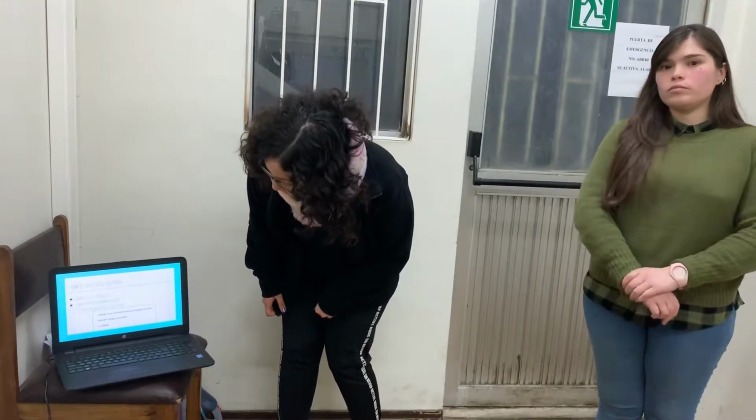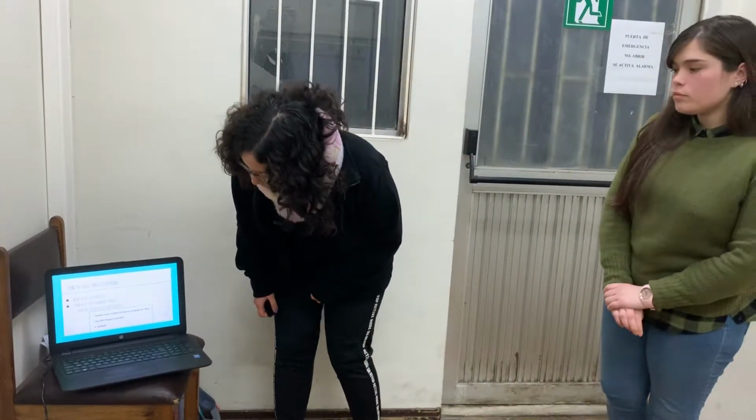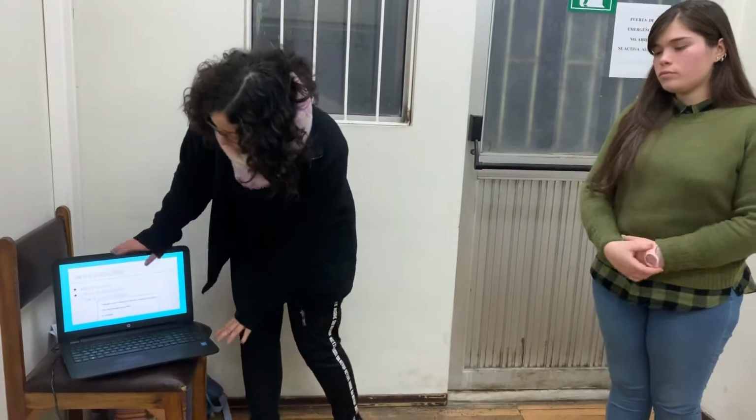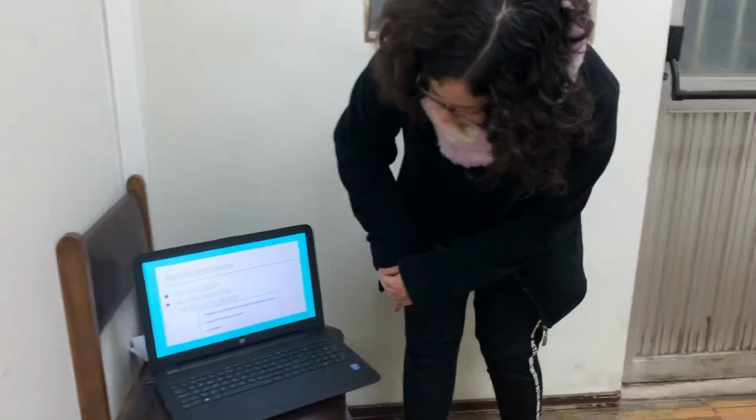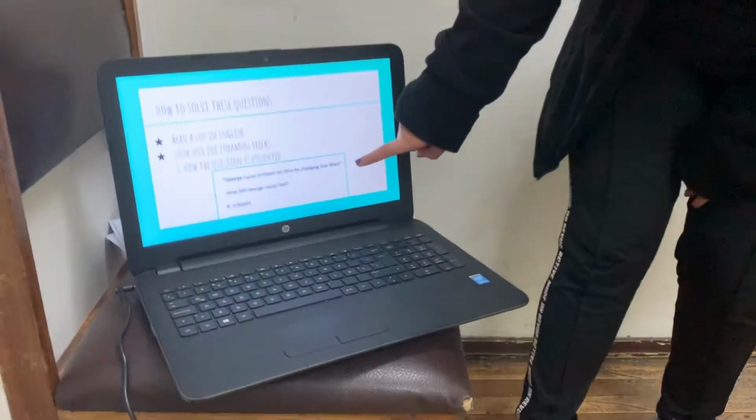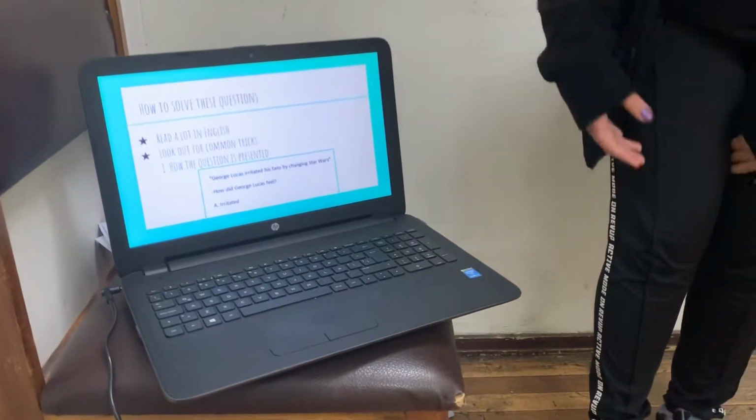Well, then there are some common tricks that usually are present in this kind of text. For example, the first one is to see how the question is presented to the student. In this example, it says, George Lucas irritated his fans by changing Star Wars.